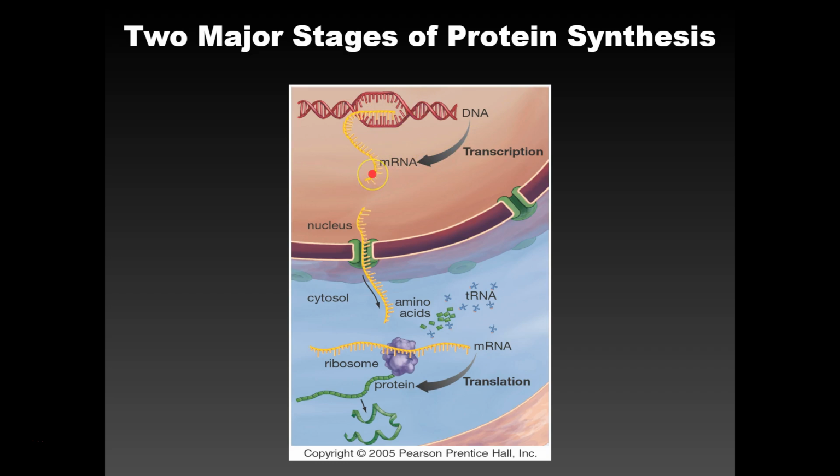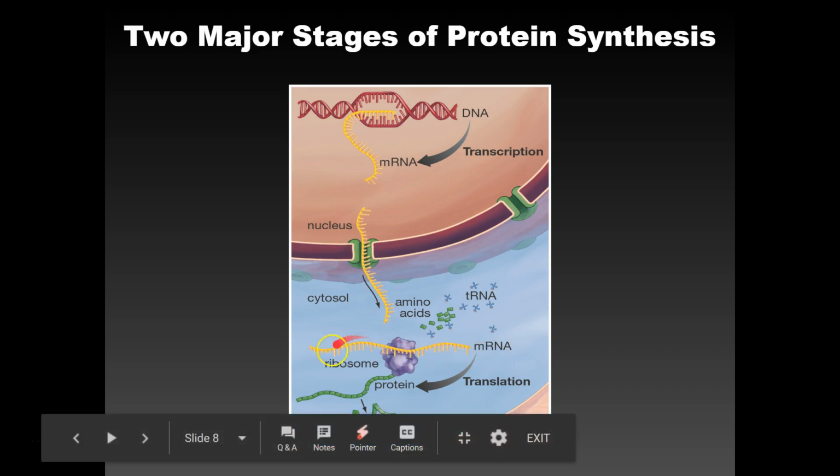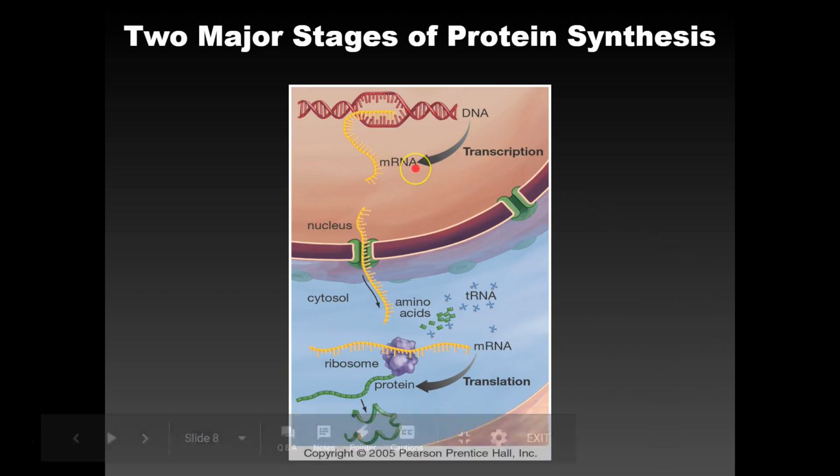This is transcription. The RNA copy then leaves the nucleus and is translated into protein by a ribosome. And I want to point out here that the copy that you make from your DNA is called mRNA. mRNA stands for messenger RNA.